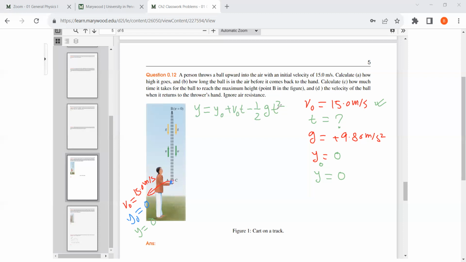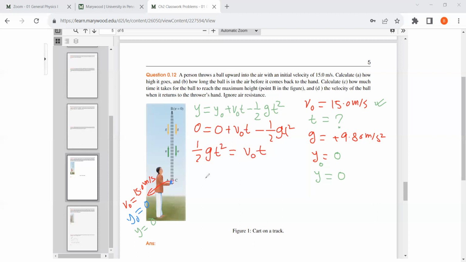So here y equals 0, y0 equals 0, so v0 t minus half g t square. Now let's solve this equation for t. So half g t square equals v0 t.